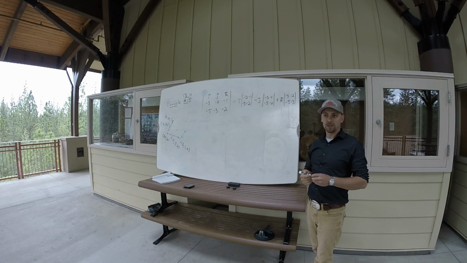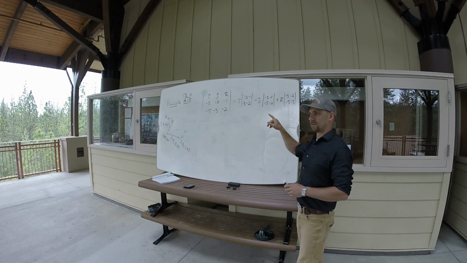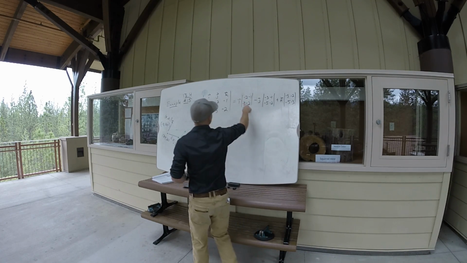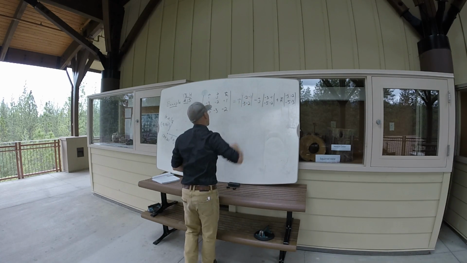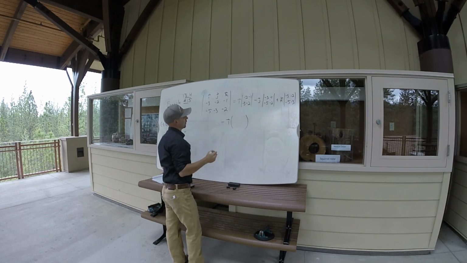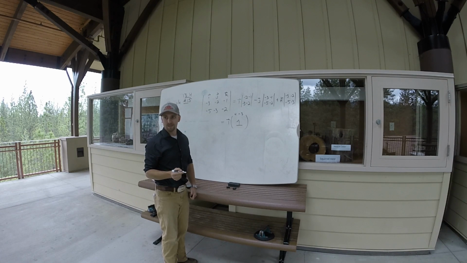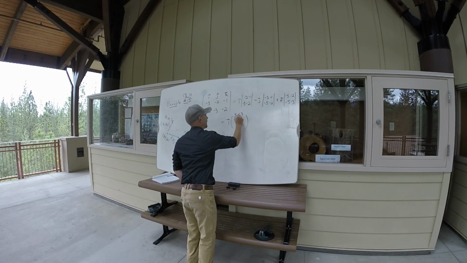And then we did the little cross multiplication, right? So we took these two, subtract those two. So we got, for i, 4 minus 3, which is 1.